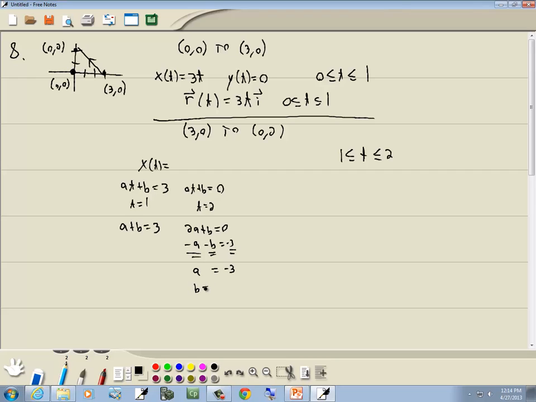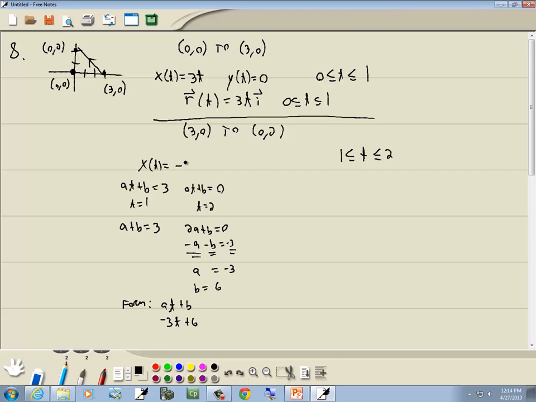Which implies, if I put negative 3 in for a, that gives us b is equal to 6. So our form for this one will be at plus b. A we said was negative 3, b is 6.